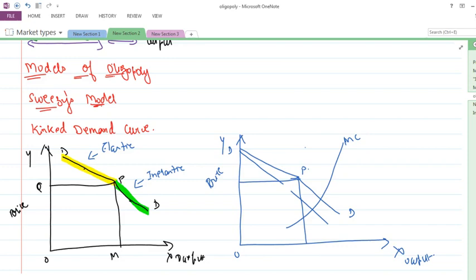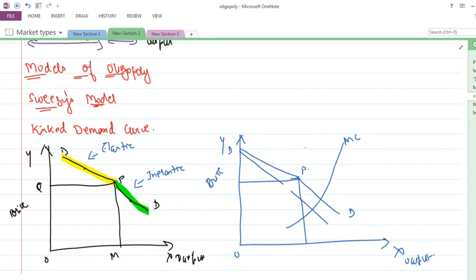There are a number of imperfect collusions, and it does not explain anything related to price leadership or cartels. The kinked demand curve is also not applicable to an oligopolistic market wherein there is product differentiation.